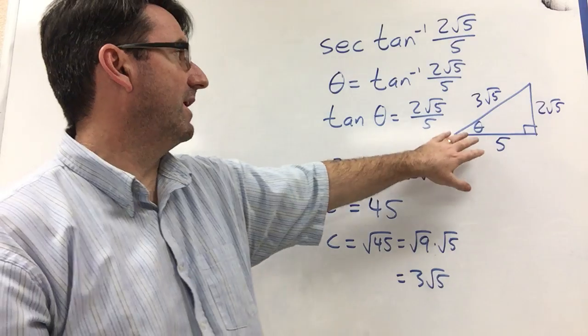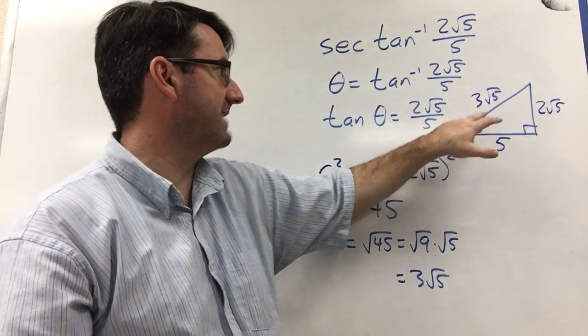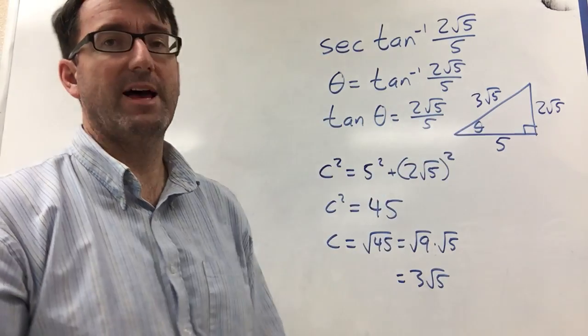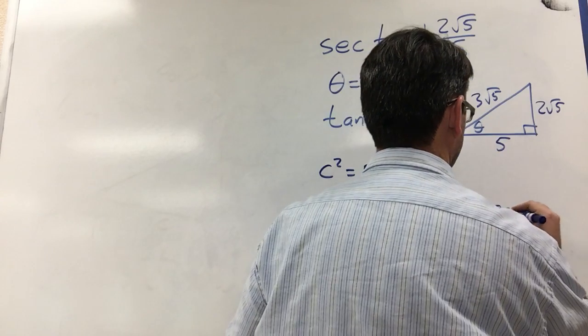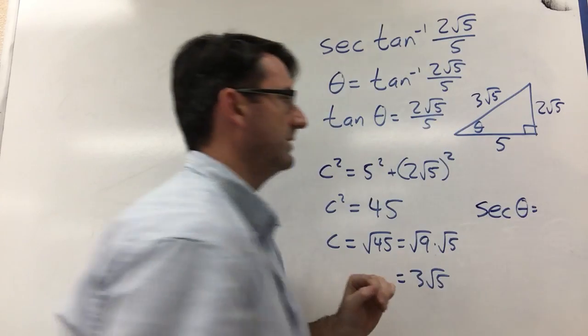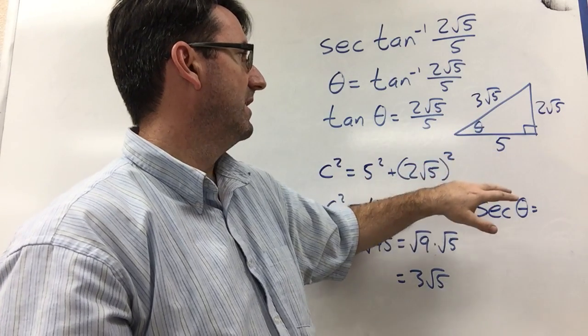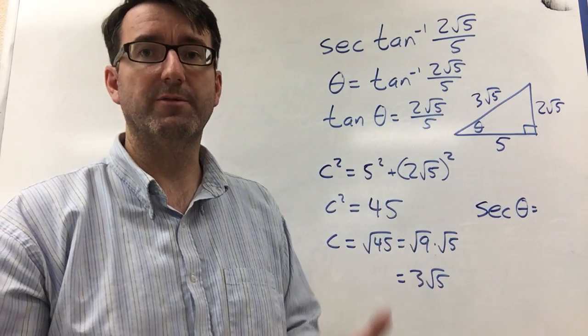All right, now we've got all three sides of this triangle. We know that theta is this angle here in this corner, and we need to find the secant of that. Secant is equal to the hypotenuse over the adjacent side. Remember, secant is the reciprocal of cosine.